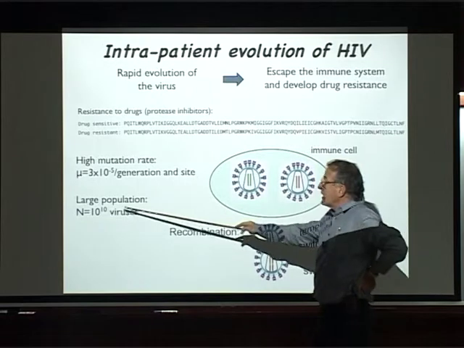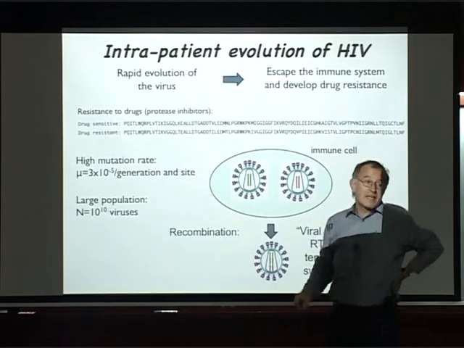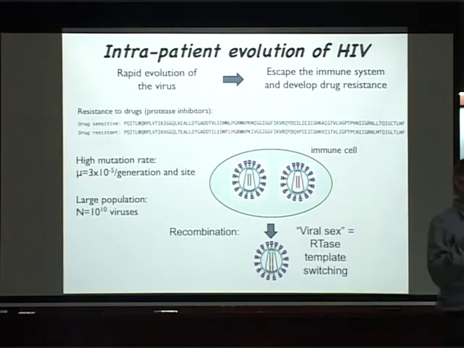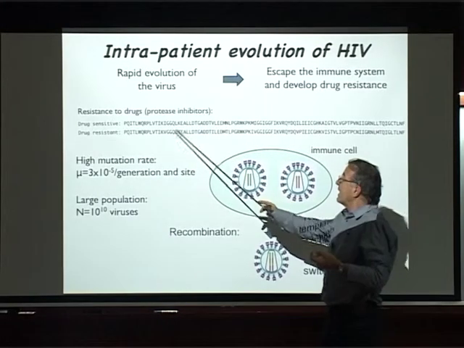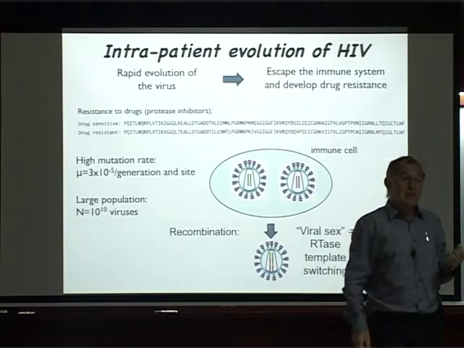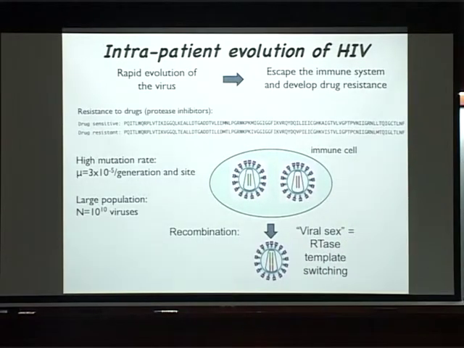But the viral population is gigantic. This is the number of viruses in a single patient. So that basically means that in one viral turnover, every single base pair is mutated. Every single pair of base pairs is mutated, right? And the bottom line is, if it only takes a single amino acid substitution to acquire drug resistance, that's all over in 2 days, right?